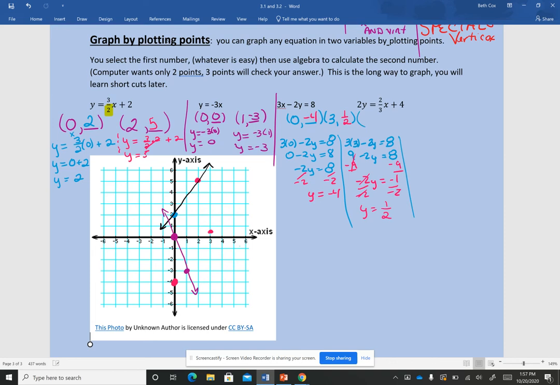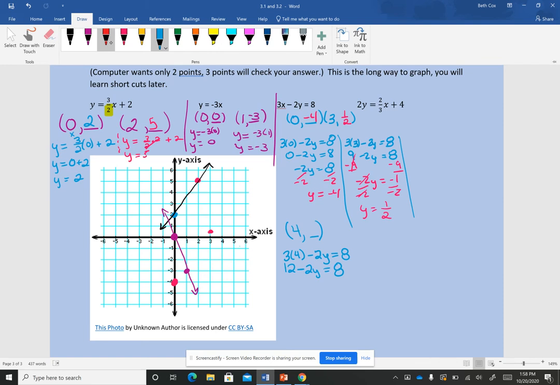All right, so pick another number for x. Let's pick 4. Okay, all right, and so if I plug in 4 for x, so that's 3 times 4 minus 2y equal 8. It's 12 minus 2y equal 8. Okay, so now I'm going to solve.